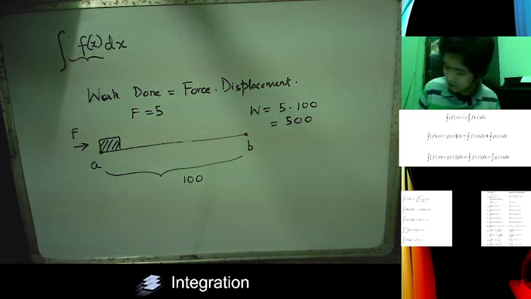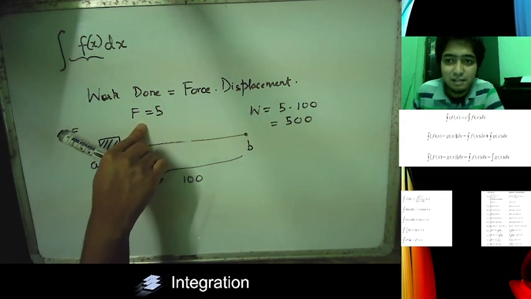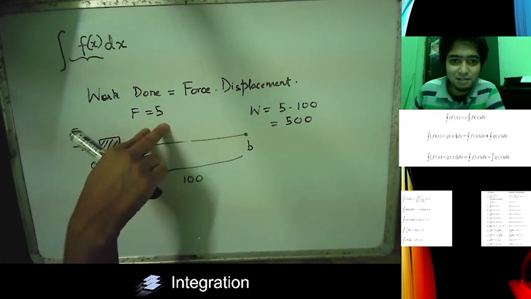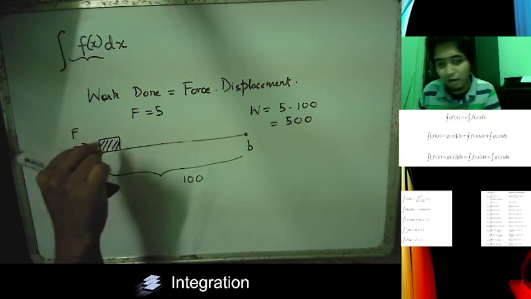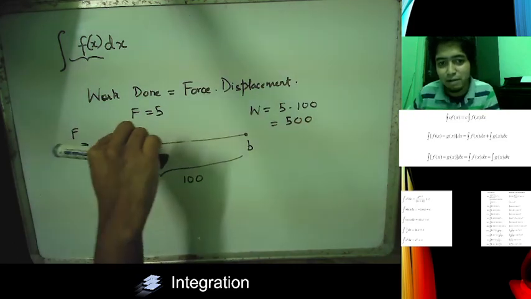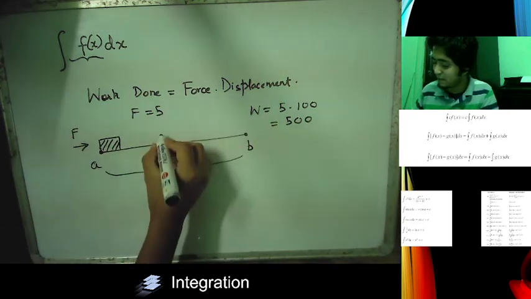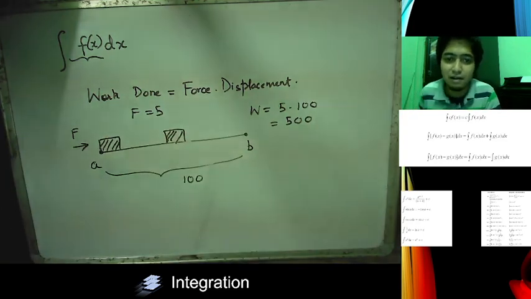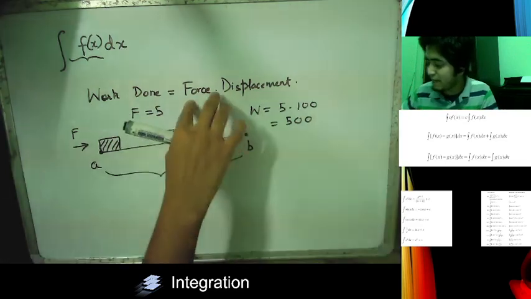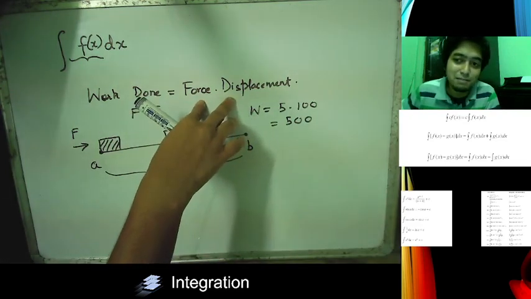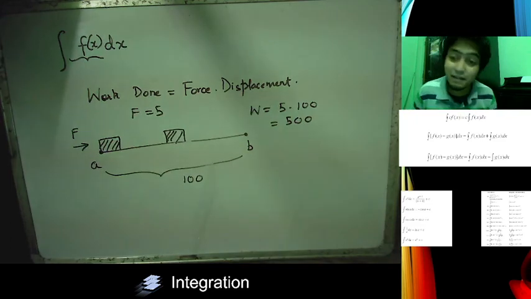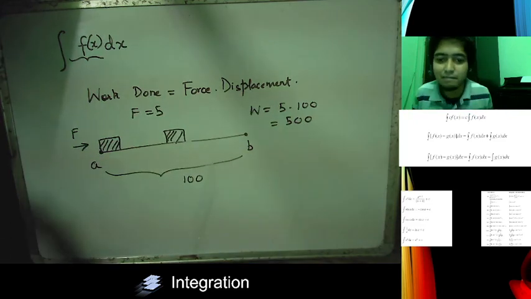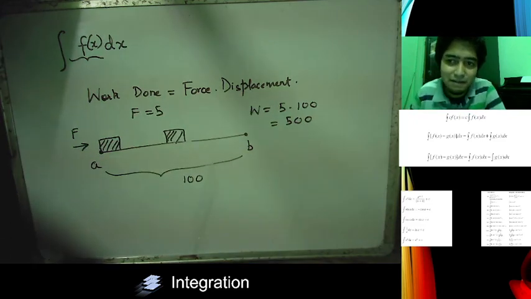This is when the force is constant. When the force is constant, that is, everywhere you are only applying 5 units when moving this block from here to here, we can use this formula, force into displacement. But in reality, applying the same constant force is almost impossible.